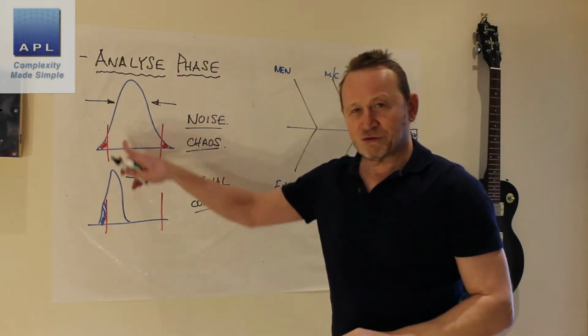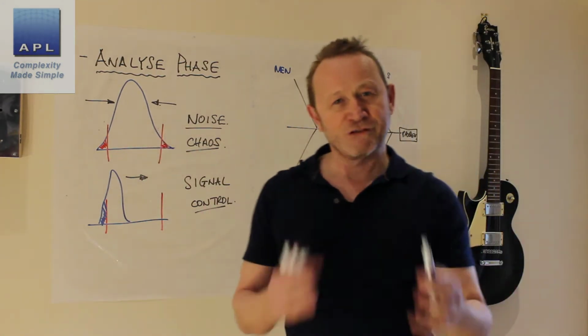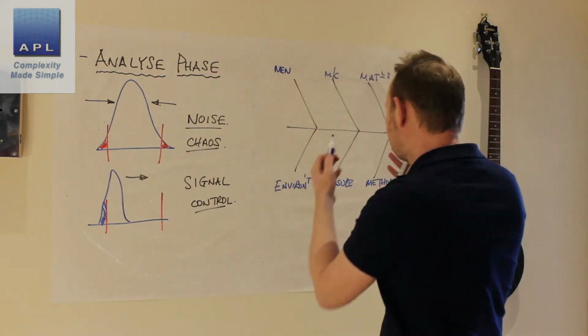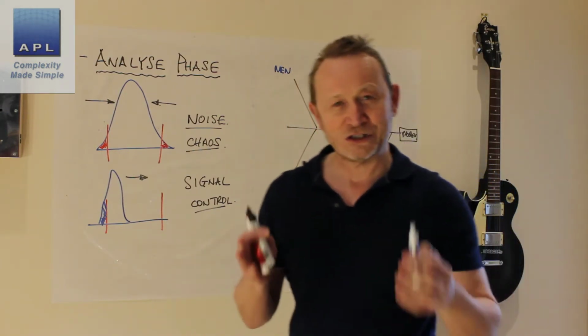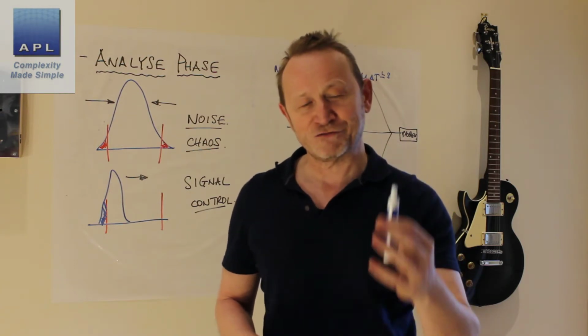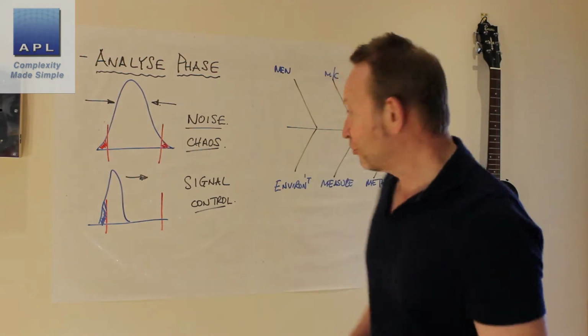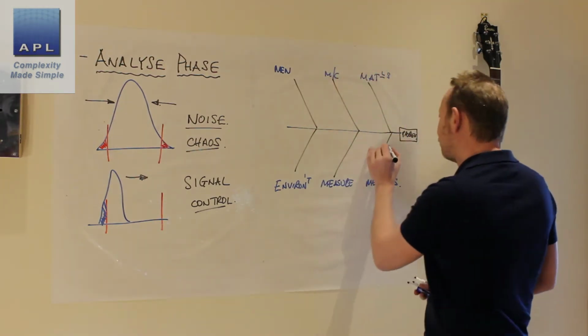What you're trying to do here is take variability out of the process. Therefore, what does the cause and effect diagram do? It identifies every variable in the process and their current state of control.